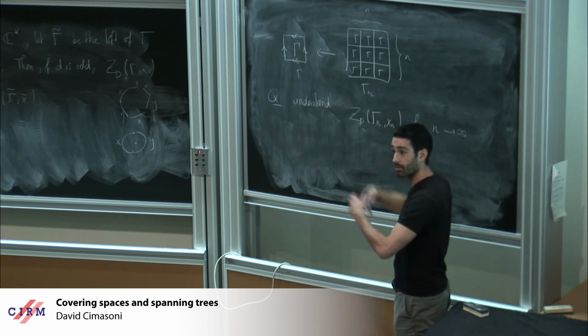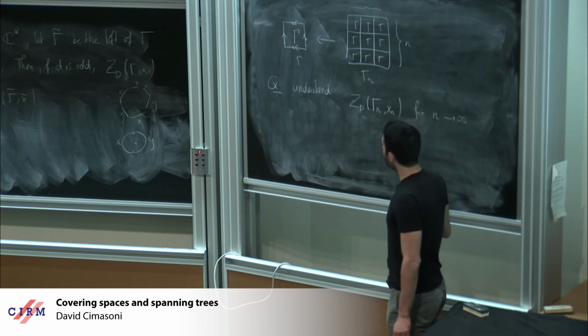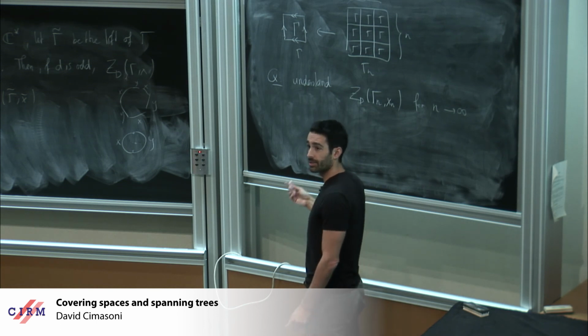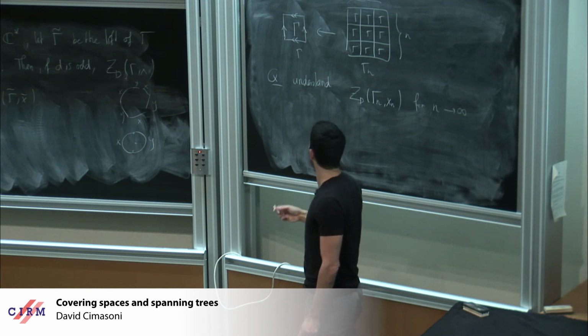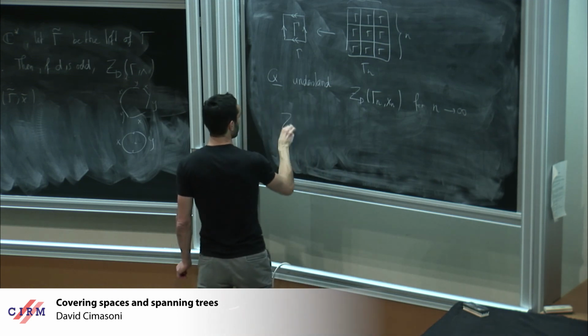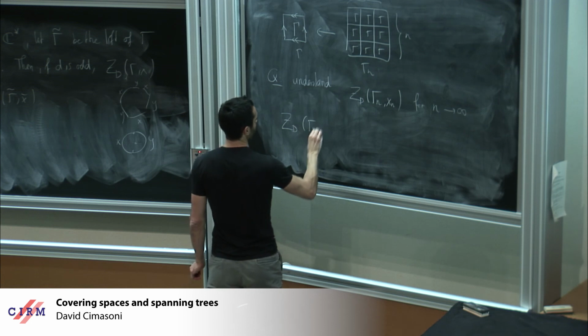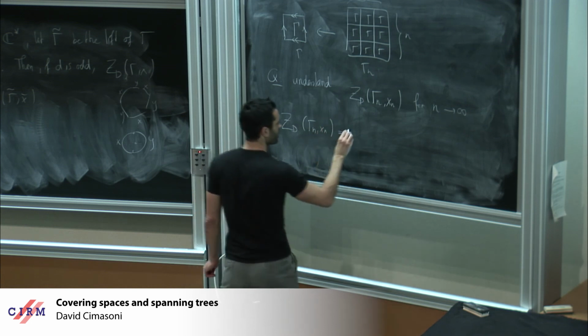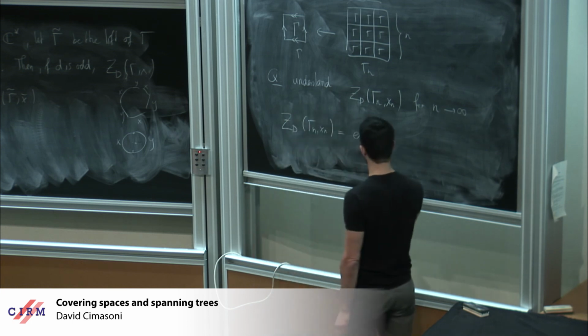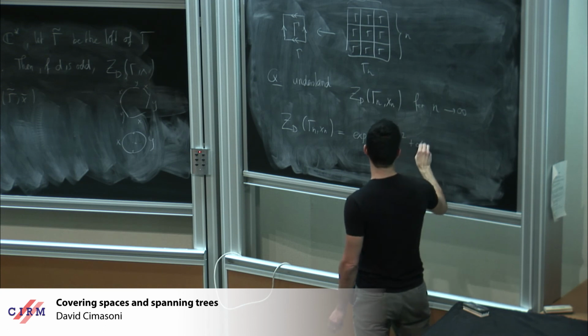How does it grow, etc. In the case of the torus, it has been done. That's a result of Kenyon, Sun, and Wilson, maybe 3-4 years ago. What they prove is that this thing has the following asymptotic: exponential of something called the free energy of the graph times n squared plus small o of 1.